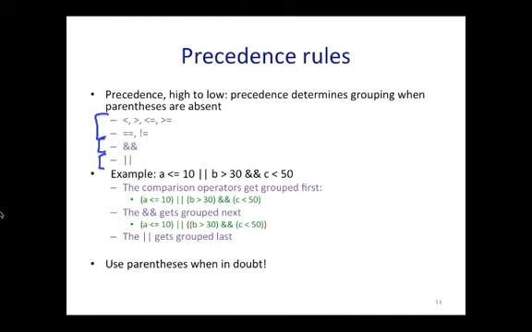So for example, if this is our expression right here, then we would know that the inequality operators have the highest precedence, so they're going to get evaluated first. Then the and has the next highest precedence and gets evaluated before the or.